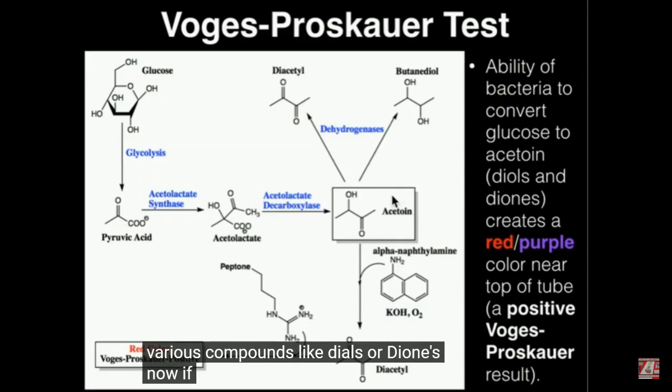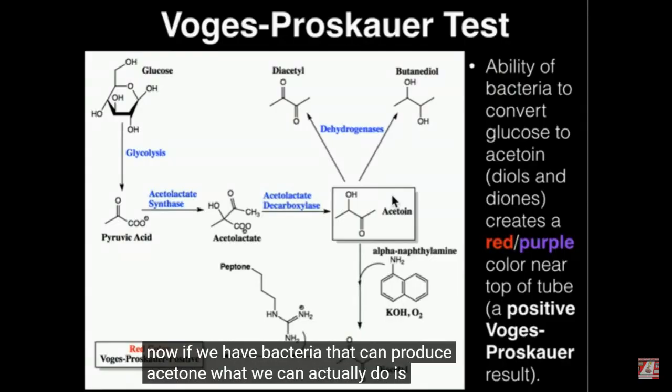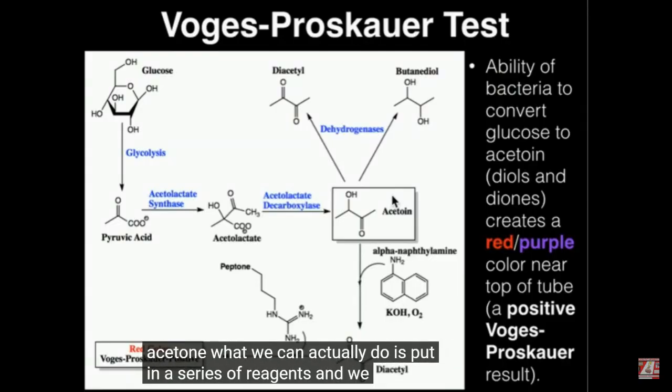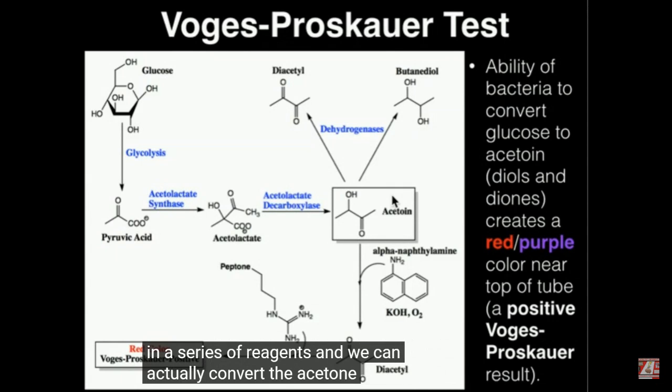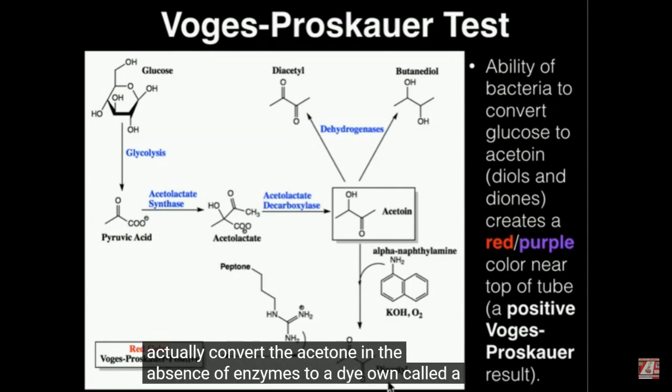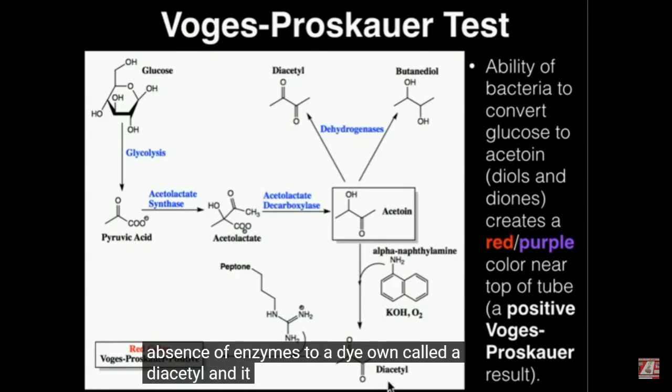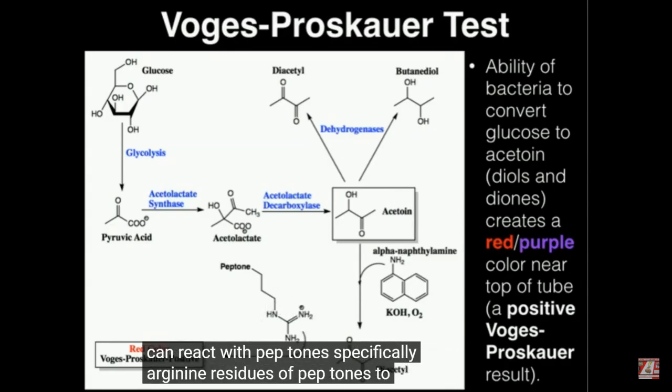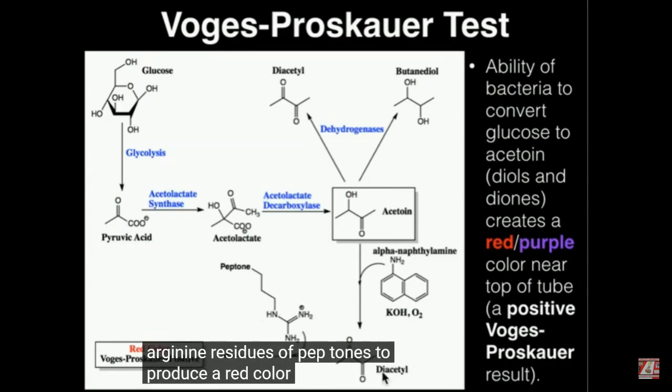Now, if we have bacteria that can produce acetoin, what we can actually do is put in a series of reagents, and we can convert the acetoin in the absence of enzymes to a dione called diacetyl. And it turns out that diacetyl can react with peptones, specifically arginine residues of peptones, to produce a red color. Okay, so how do we do that?